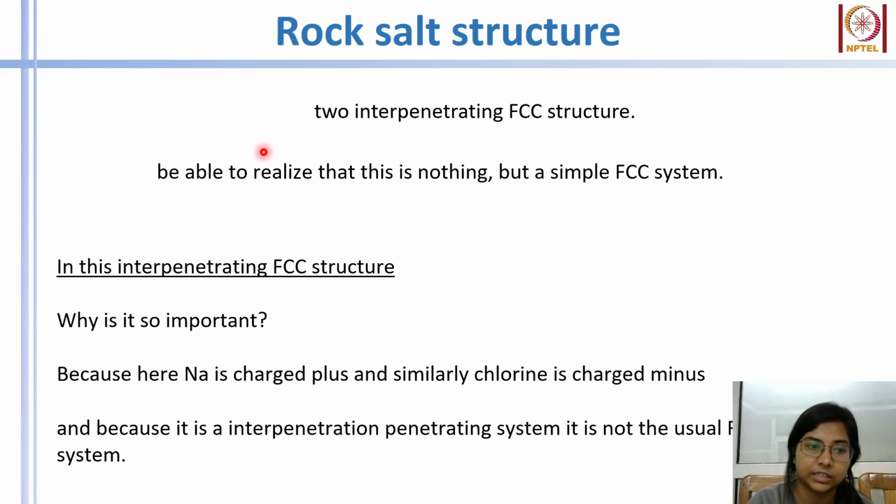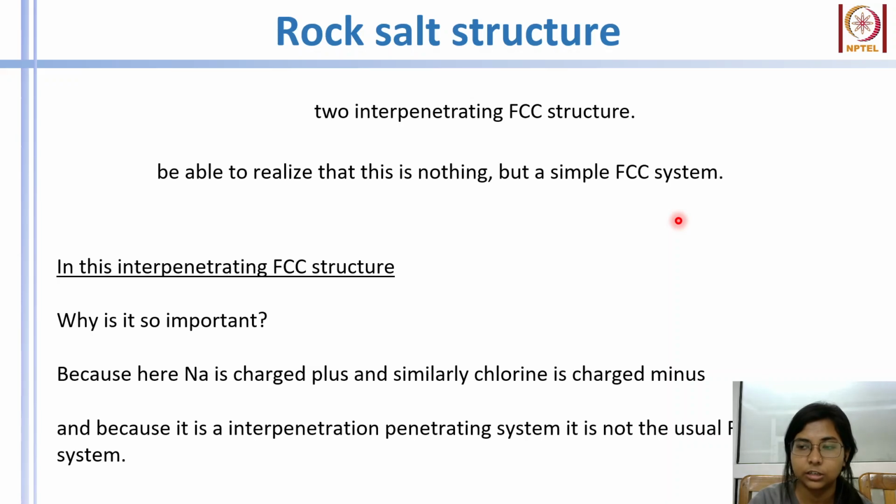Why are we studying this? Because here the sodium is charged plus and the chlorine is charged minus, and because there is an interpenetration of two lattices, it is not the usual FCC slip system which arises in this sodium chloride lattice. We will look into it in great detail.